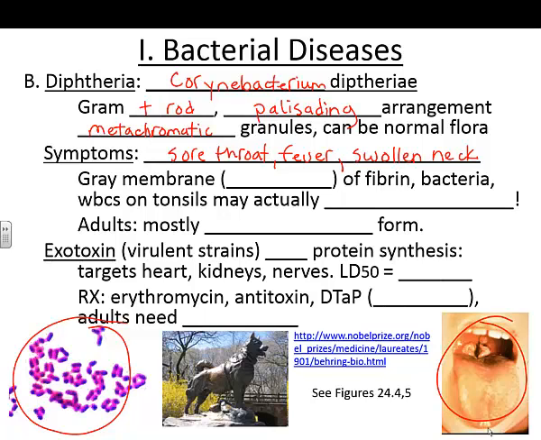This membrane is extremely tough and leathery. In fact, the name diphtheria comes from a Greek word meaning leather. This membrane continues to grow and may actually physically block respiration.